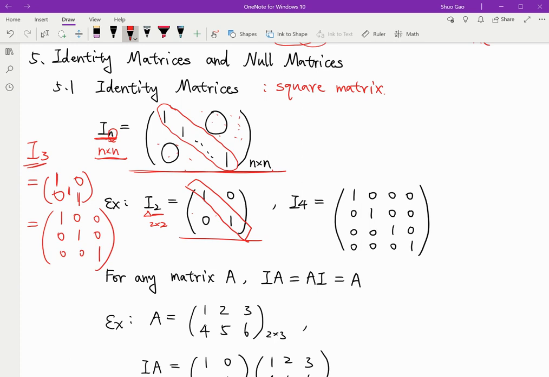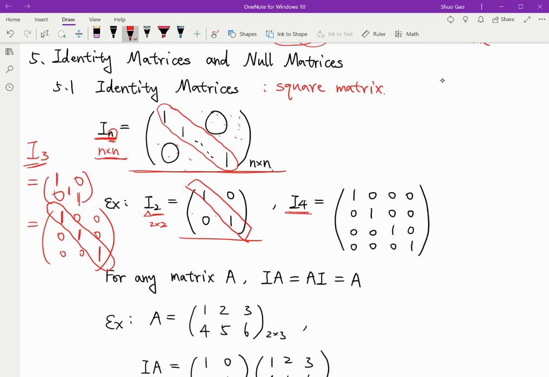Only the elements on this line, from the top left to the bottom right, are ones, and all the other positions are 0.